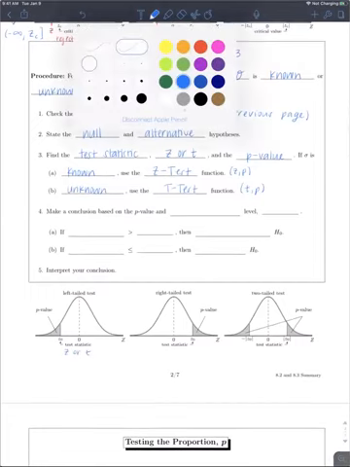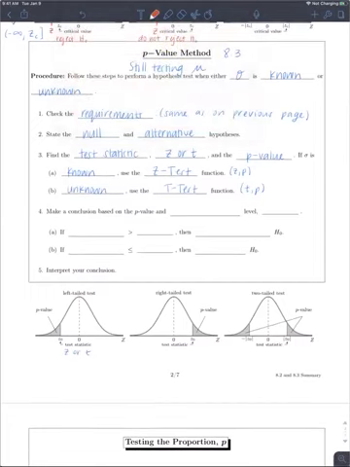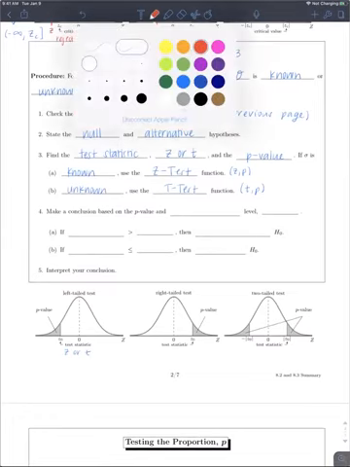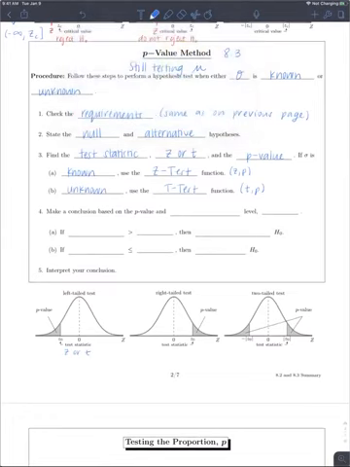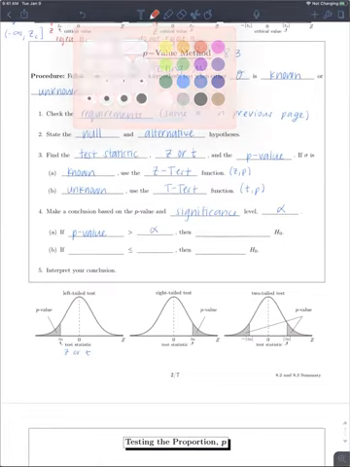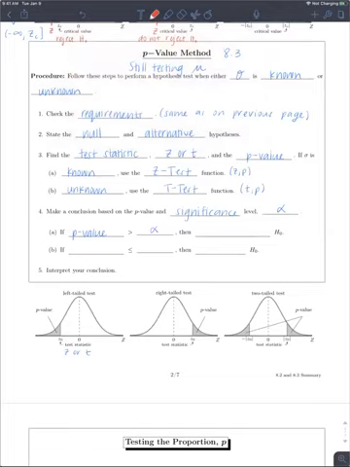And so what this is doing is you make your conclusion based on p-value and the significance level. Remember, the significance level is alpha. And so if your p-value is greater than alpha, am I going to reject or not reject? Before anybody answers that, let me put it this way, right?